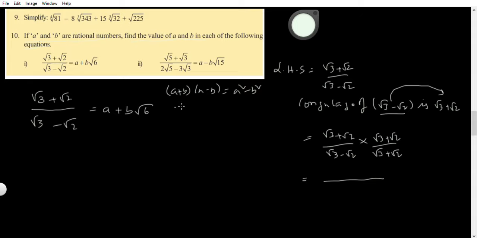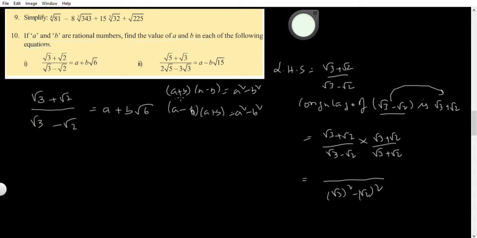Similarly, (a minus b)(a plus b) is also equal to a square minus b square only. Keep in mind. So here we can write root 3 whole square minus root 2 whole square, because this is in the form (a plus b)(a minus b). Very simple.